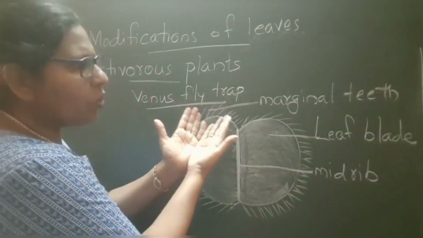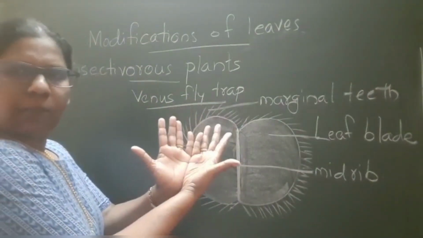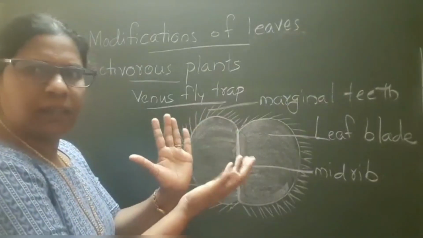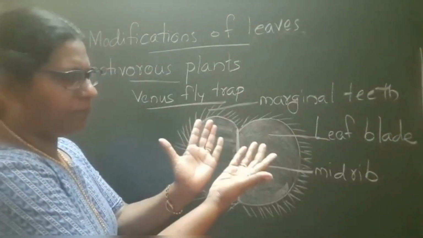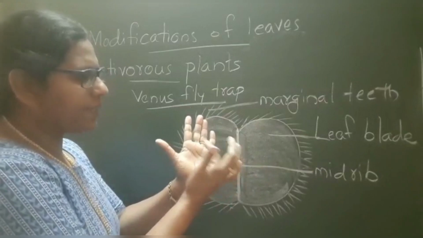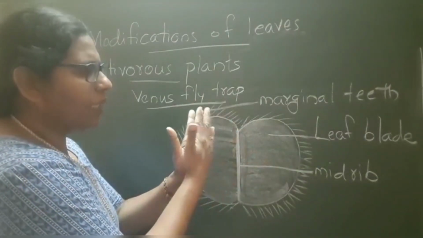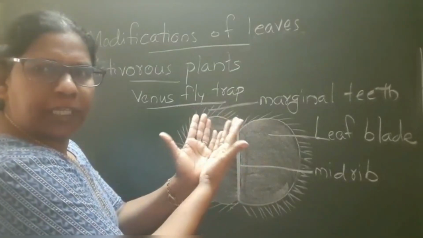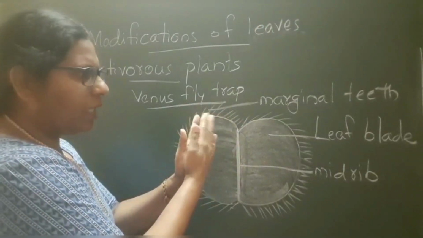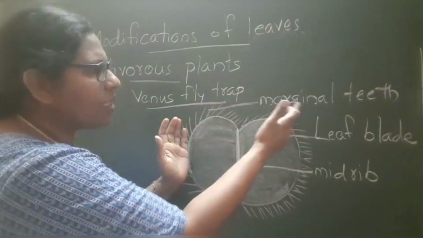As soon as insects come on the leaf blade, it closes like this. The leaf blade will close with the help of these marginal teeth.